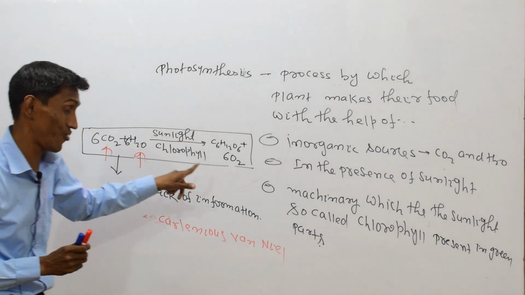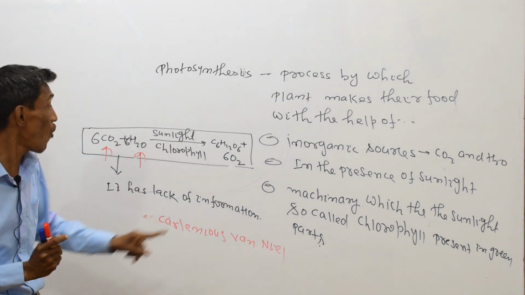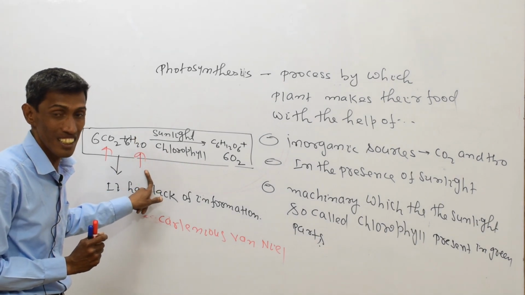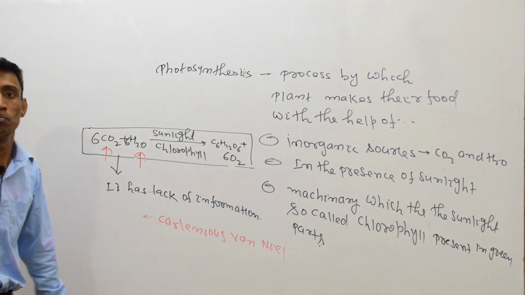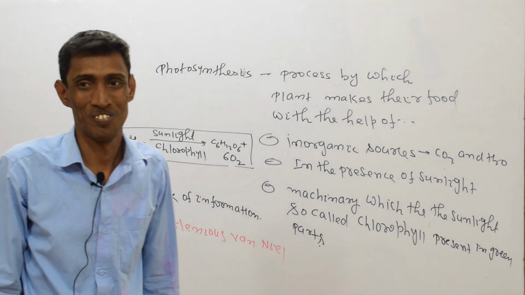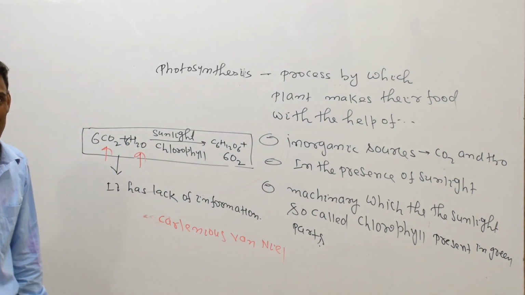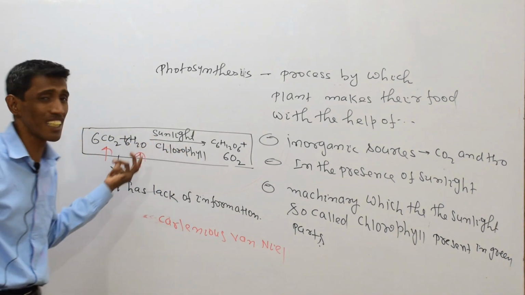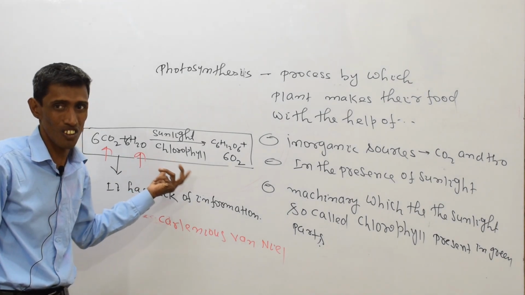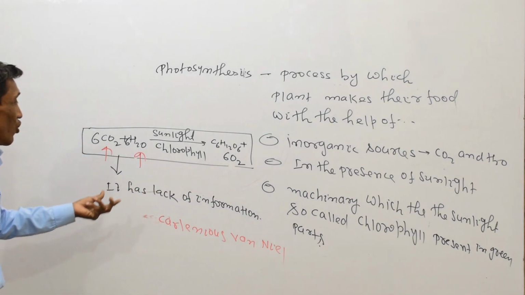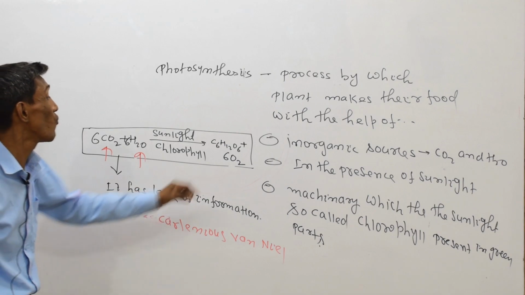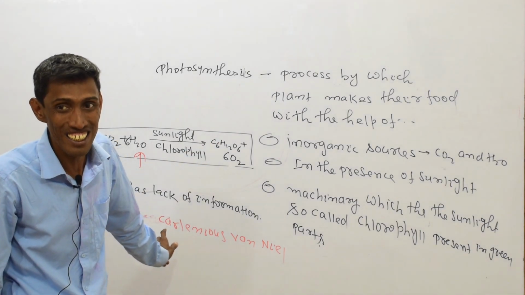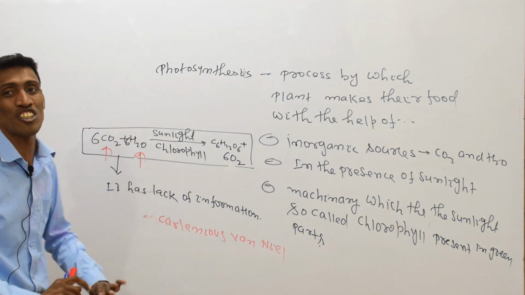And if the source of oxygen is water, then this equation has a problem. This equation itself has no problem, okay. But to get the information of where this oxygen is coming from, this equation is not sufficient.